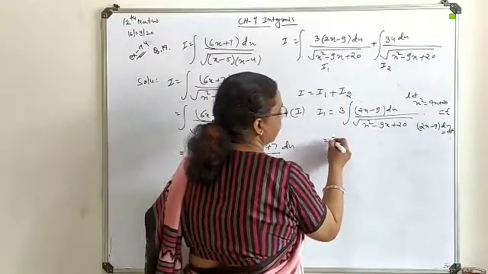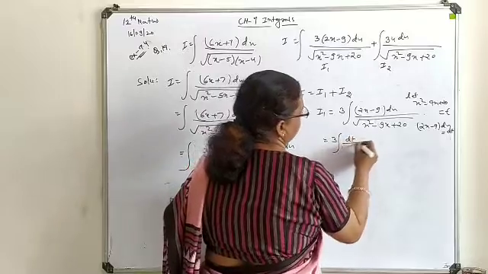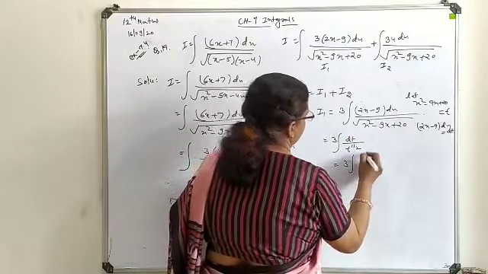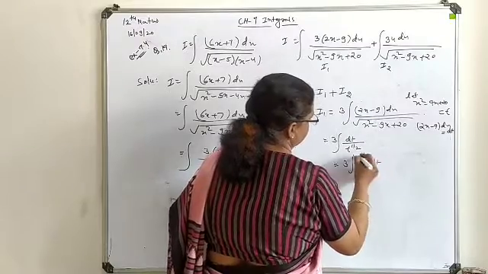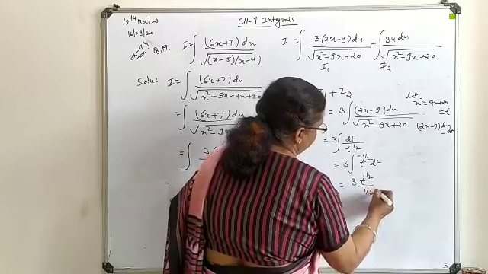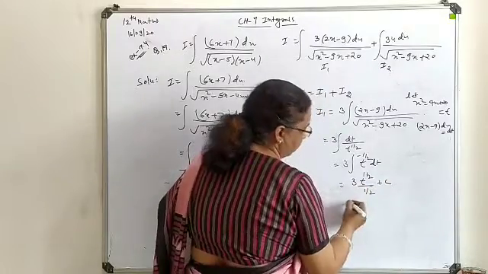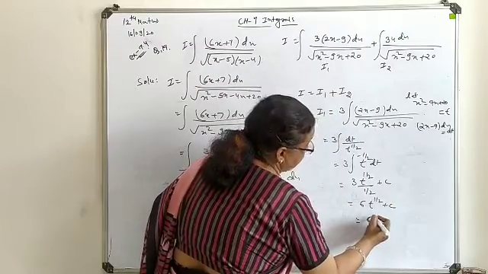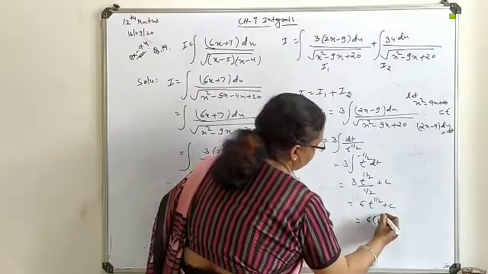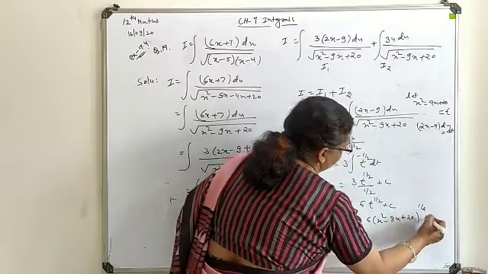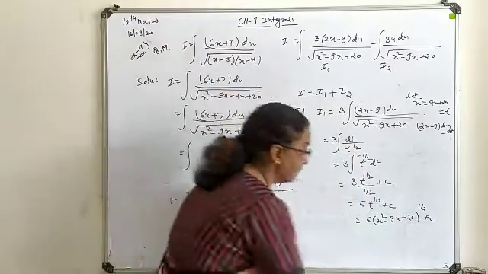So this will give you 3 dt upon t power half. In the last case also we had the same integration. So this is 3 t power half upon 1 by 2. This will be inverted, meaning 6 t power half. This is 6 t, meaning this whole expression you have to write over here. So this is the first part that we have handled.